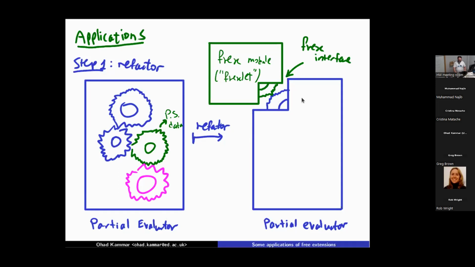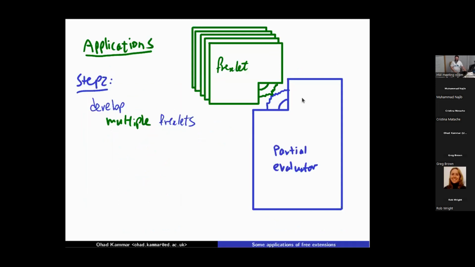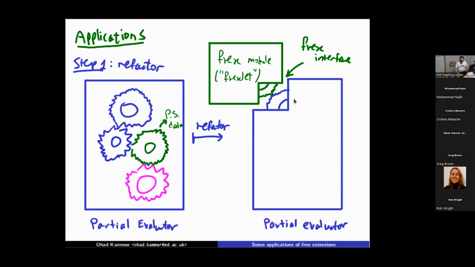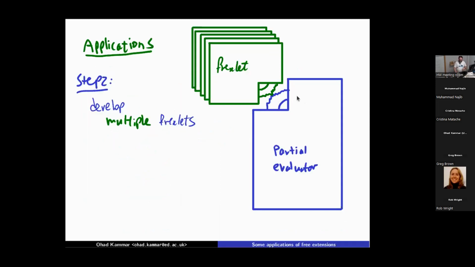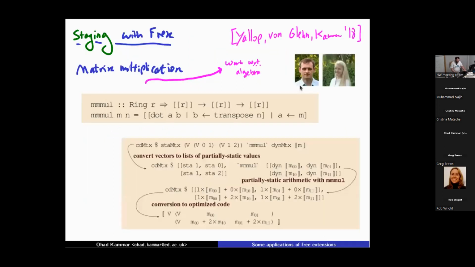Yeah, that's the next slide. So you build it so that the interface is the free extension, then you write a library of these things. So you can slot in a different one, but still have a generic partial evaluator for the rest. And that's what we've done.